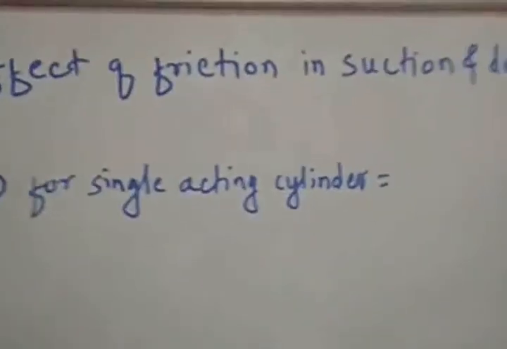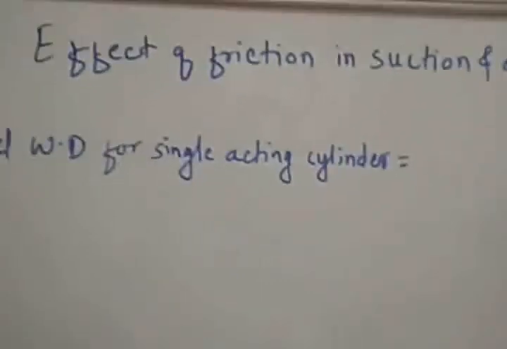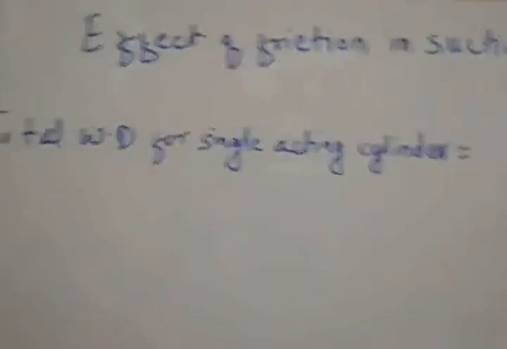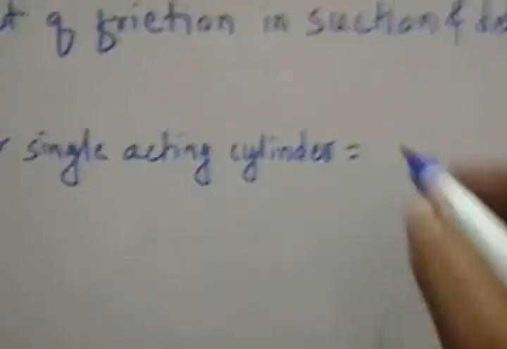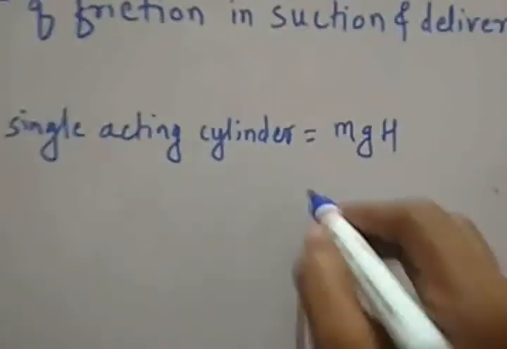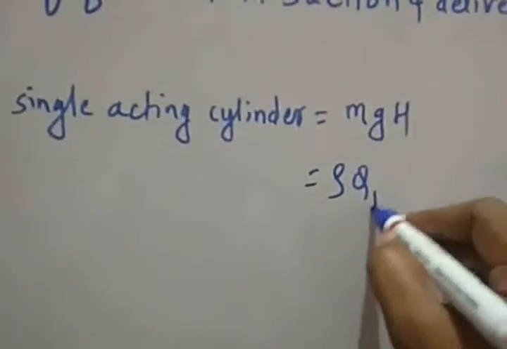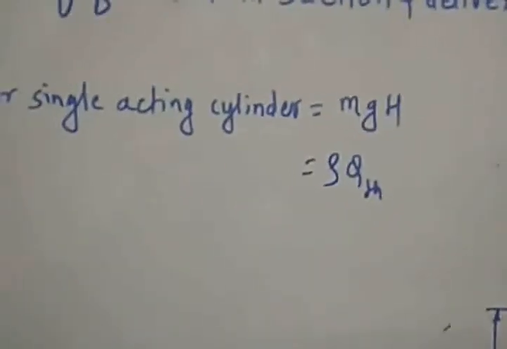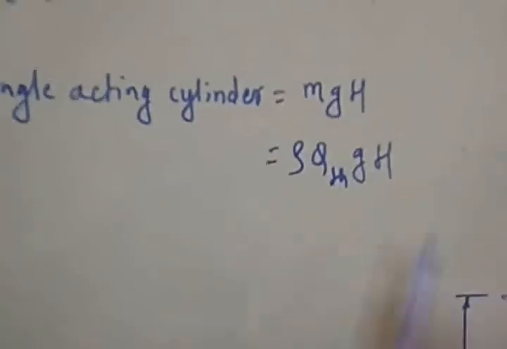Now we will find the total work done for a single acting cylinder, considering the frictional head, acceleration head, and suction and discharge head. We know that the work done by a pump is the potential energy, mgh. Now this m I can replace as rho into Q. This is a theoretical value, so I'll replace Q with Q theoretical, g into h, where h is the total head.